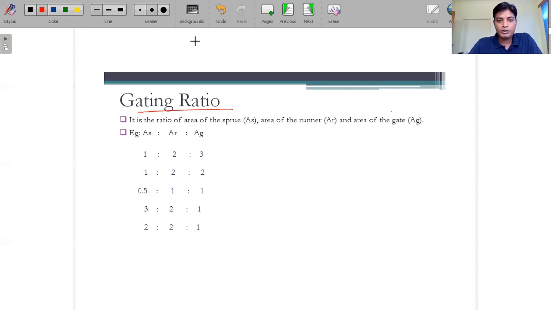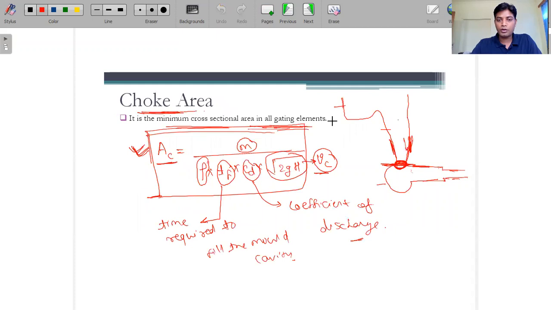So what is root of 2gh? Okay, so this is root 2gh basically, and this root 2gh is nothing but the velocity. This is the velocity of molten material at the gate, at the choke area, we can say.